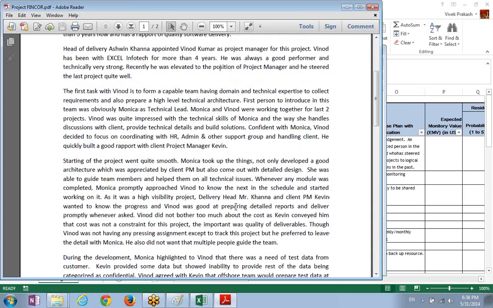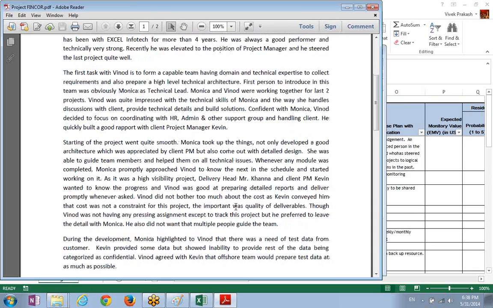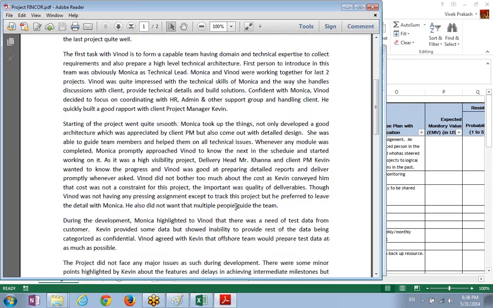After a certain time period, when they wanted to revisit all the developments and compared what had been done, they found there were tremendous bugs. But still, Vinod was quite confident.